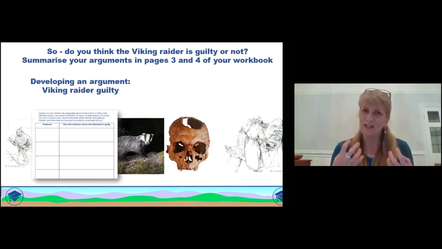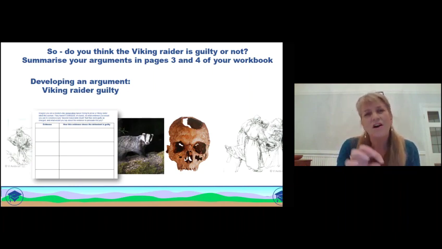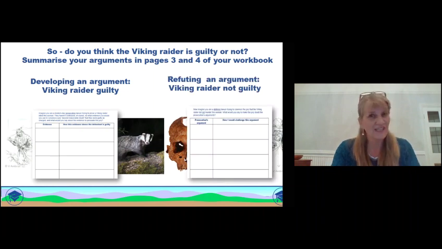If you were a lawyer in court prosecuting that Viking raider, put down all of the evidence that you'd use and the arguments, what you'd say about that evidence to try and convince a jury that that Viking raider was the guilty person. And then on the next page, imagine you're the defence lawyer trying to make the jury doubt that that Viking raider was guilty.